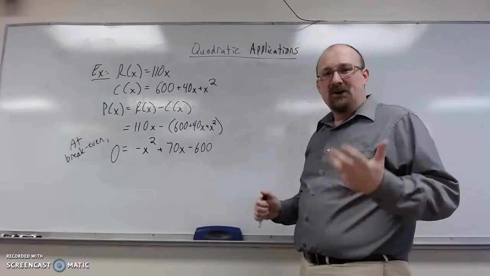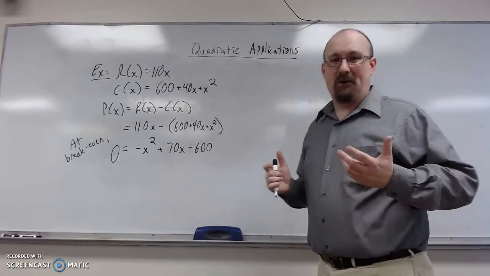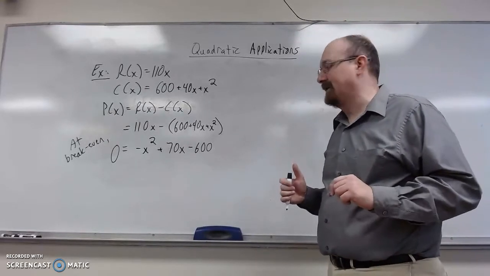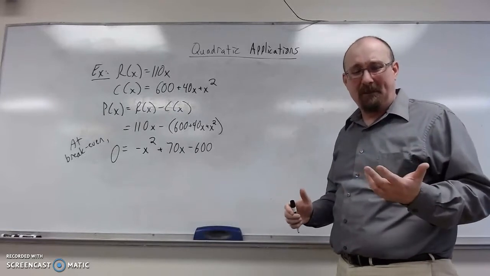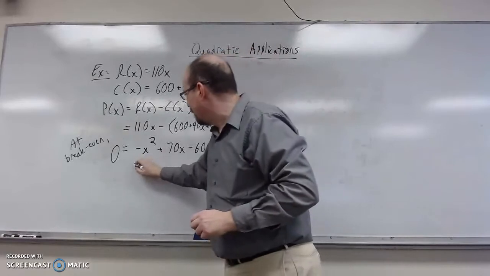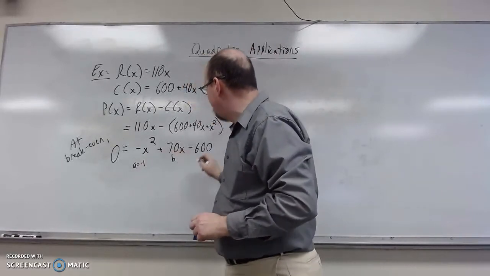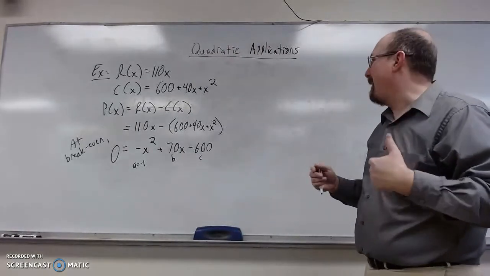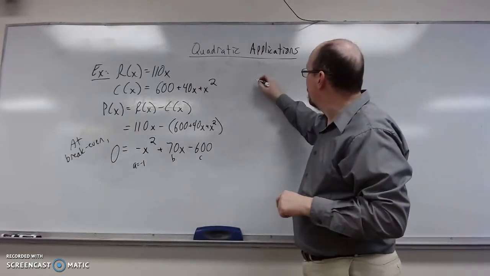Now from here, you could apply either of the two techniques we saw in section 2.1 to work out the possible values. I'm just going to use the quadratic formula here. We'll see some factoring later, but in this instance, A is -1, my B is 70, my C is -600. So now I can feed those into the quadratic formula.